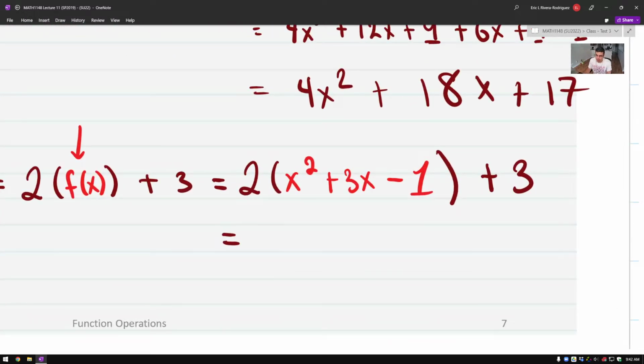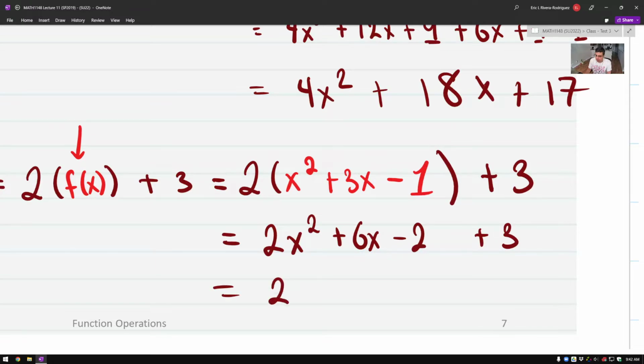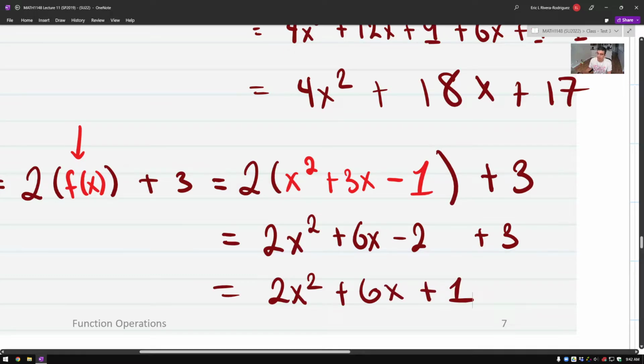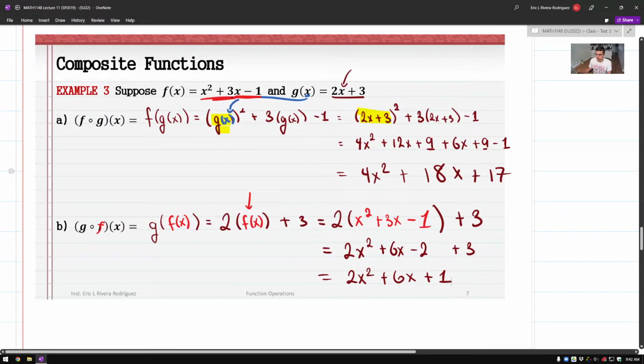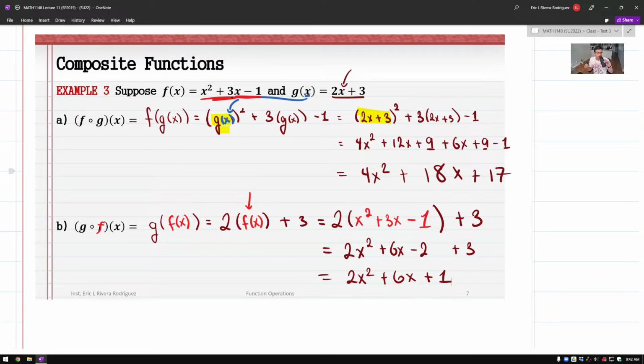So we distribute 2 within all the terms within the parentheses. And then we combine like terms. And that is our final answer. Questions?